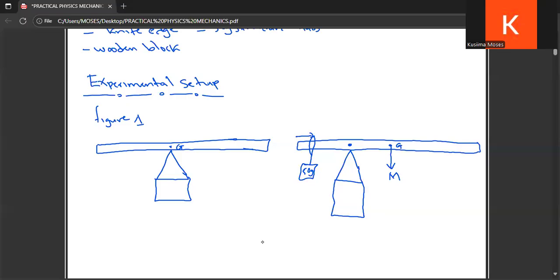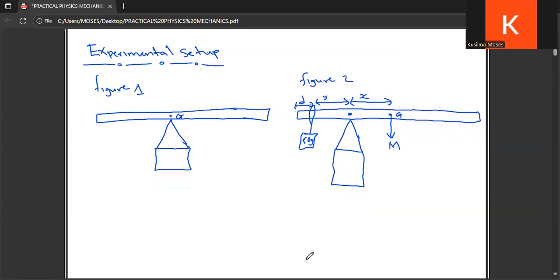Then we have our distance D here from the edge of the metal rule. Then here we shall have our distance Y. Then here we shall have our distance X. Then this is our figure 2. You name it here, figure 2. This is going to be our experimental setup.